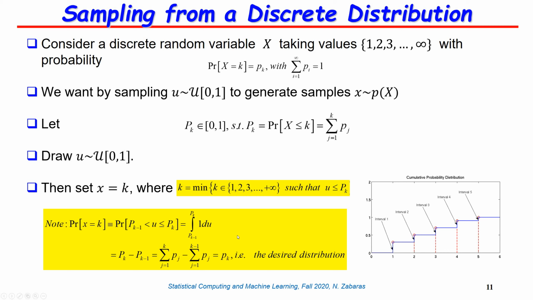So effectively, the algorithm that I described gives you samples with the correct probabilities. If you sample u again the way we did it in the previous slide, in this second interval, then the state that you will return will be x equal to 2.